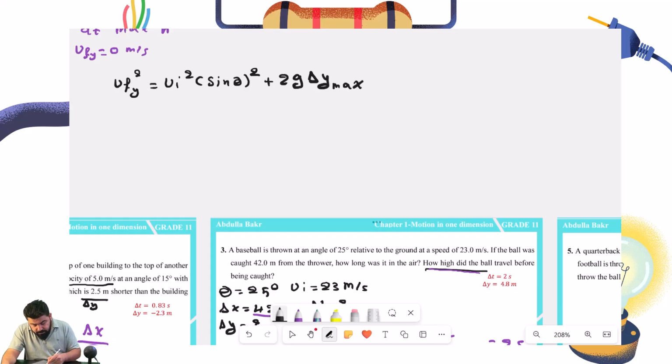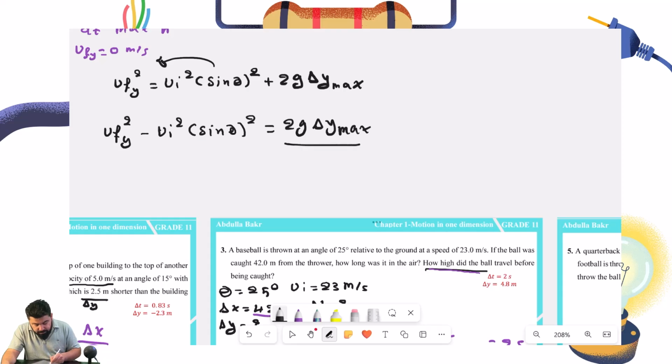I need to find this delta y, so move this to the other side. So it's going to be v final squared minus v initial squared multiplied by sine theta all squared is equal to 2g delta y max. I need to find delta y, so this one divided by 2g, this one also divided by 2g.